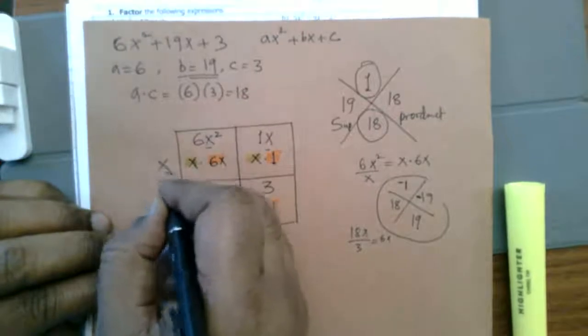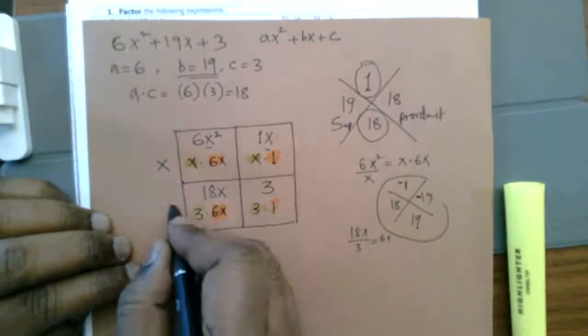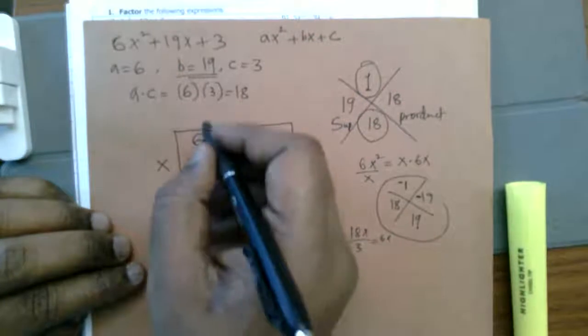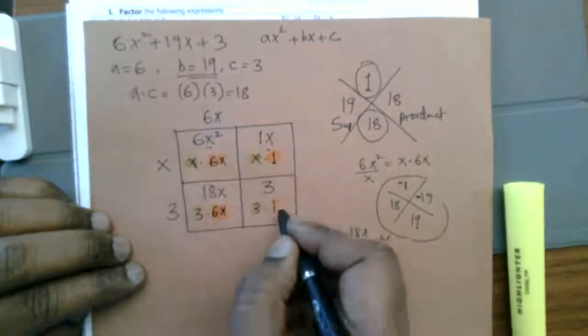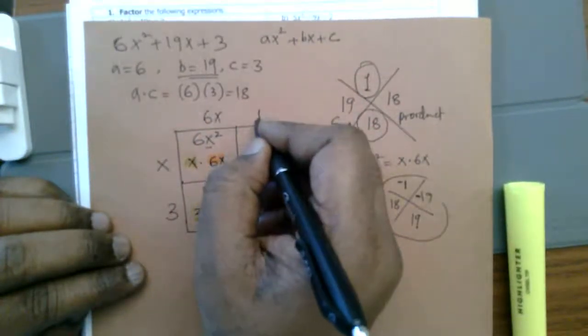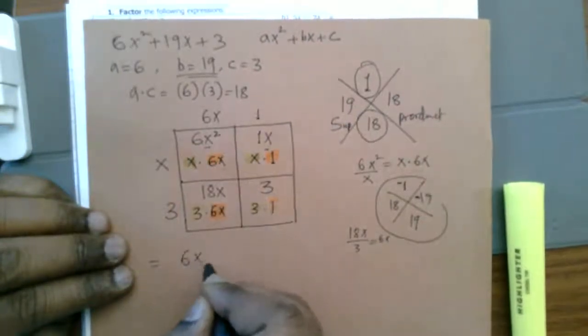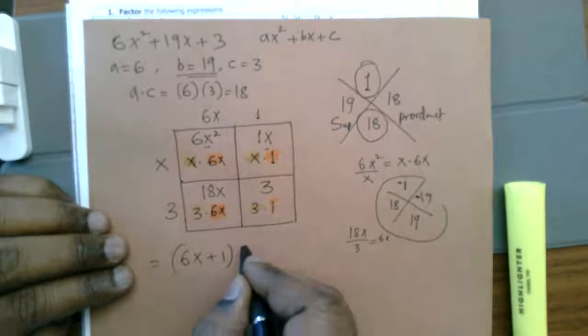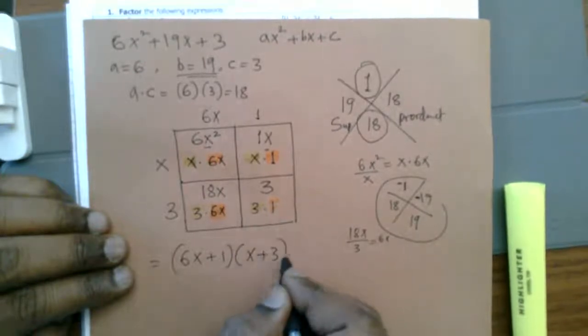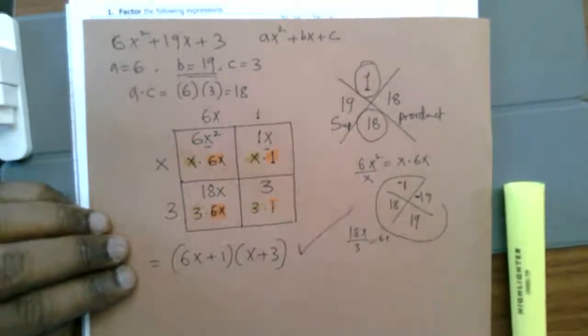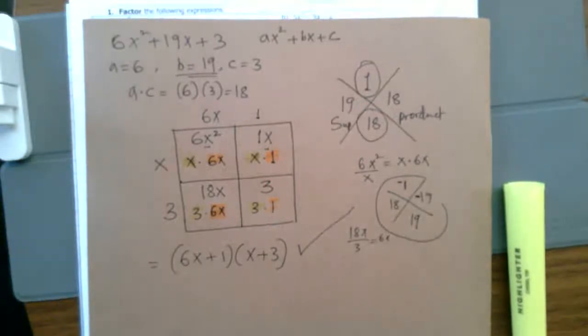So you got an x here, the common between those, you got a 3. When you go up, you got a 6x, and this is a 1. Now your answer, the factors are what? 6x plus 1 times x plus 3. Awesome. Questions, comments?